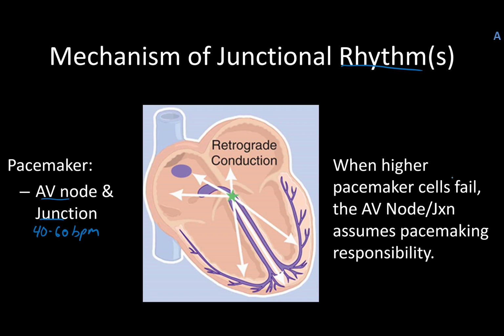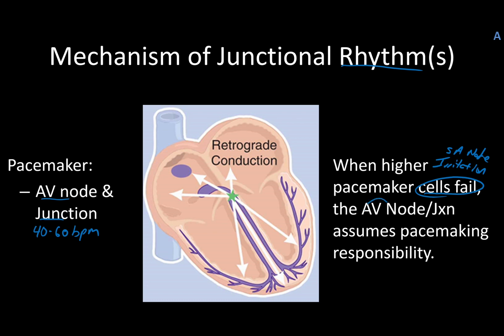When a higher pacemaker fails, so that would be like the SA node. If that should drop out for some reason, that's one of the biggest scenarios. Or in a scenario of irritation, where the AV junction becomes excited and winds up beating faster than the SA node, and in those situations it can actually take over.